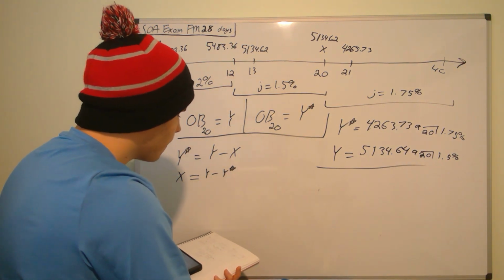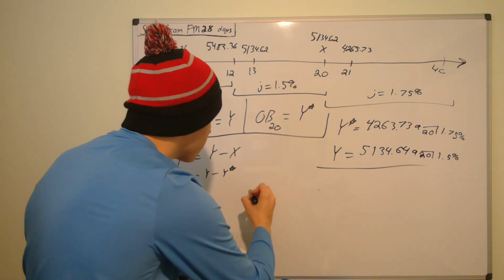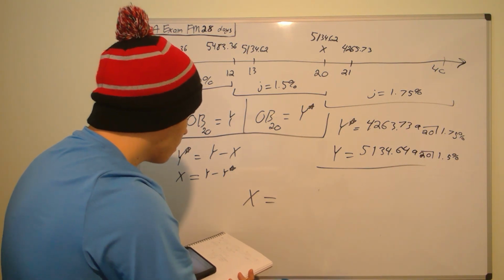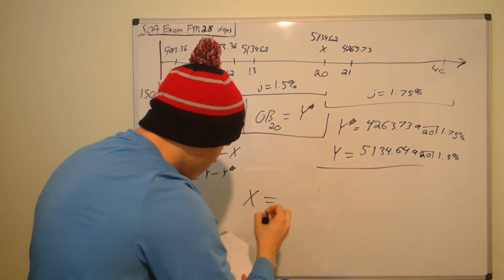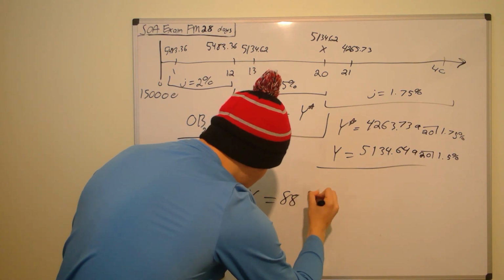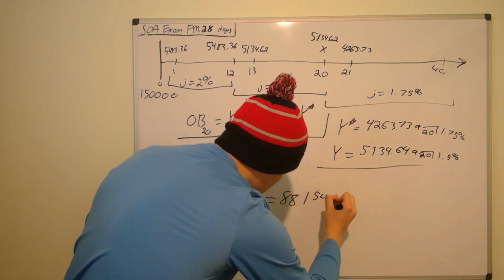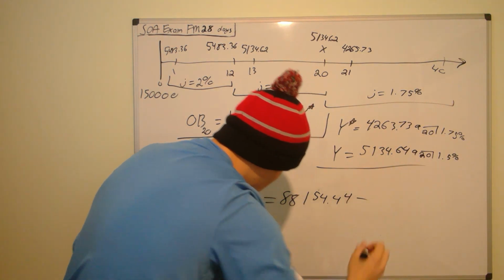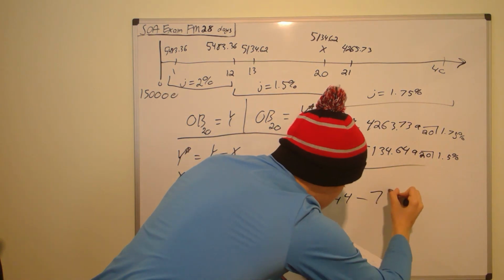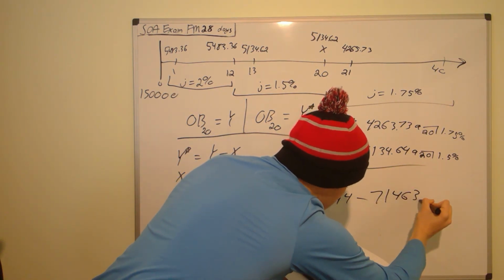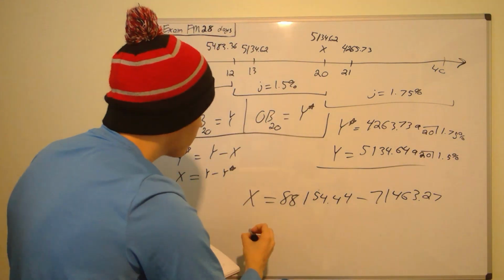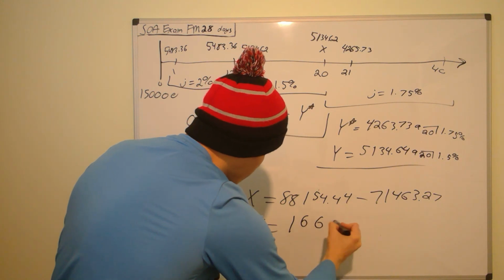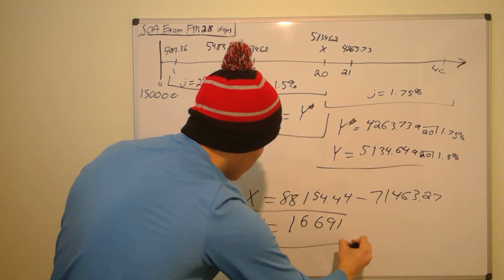Y is 88,154.4, minus, I've written down, 71,463.27. That gives us a final answer of X equaling 16,691.